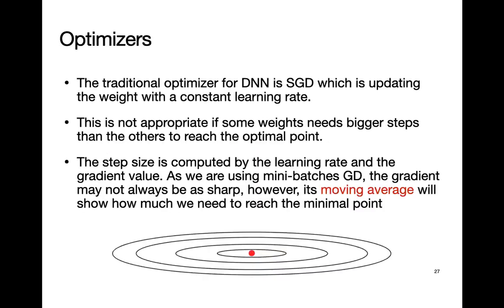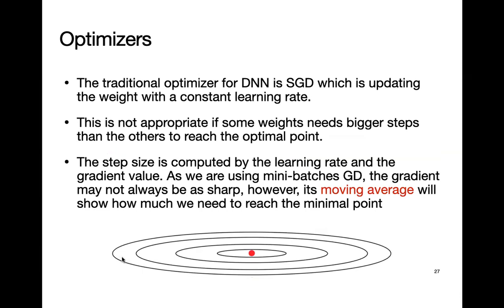Now the optimizers. Regarding optimizers, you remember we discussed them in the labs, and we saw there are multiple optimizers that can be used. Some of them are recommended because they have proven to work very well. Why? Because if you have your weights, sometimes your weights may not need exactly the same amount of step to converge.